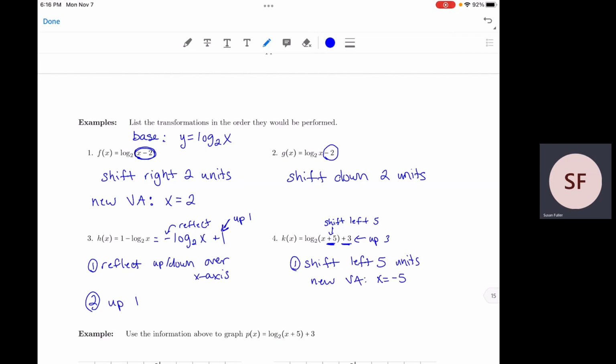That vertical asymptote will go to the left with my graph. And then the second thing that I'm going to do is shift my graph up 3 units. I don't have any reflections, so I don't have to do that between. I'm just going to shift left 5 and then up 3.